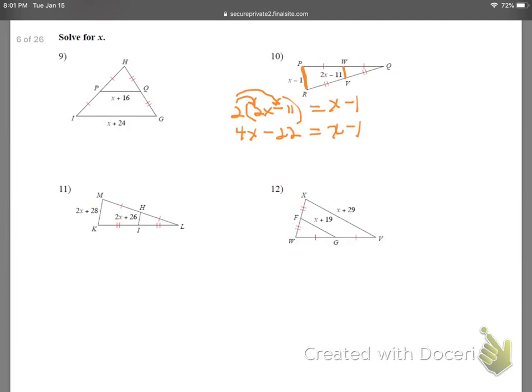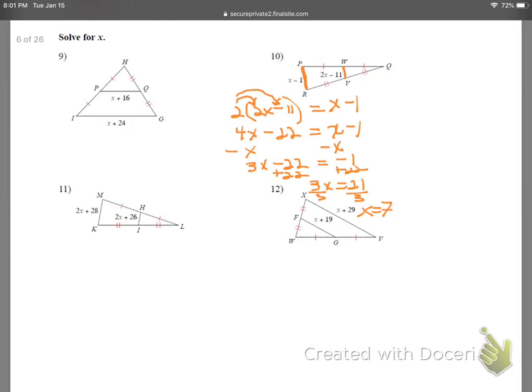I guess maybe we'll move the x's first. So -x, that gives me 3x minus 22 equals -1. Add 22, add 22, and you end up getting 3x equals 21. Divide by 3, and I have x equals 7.